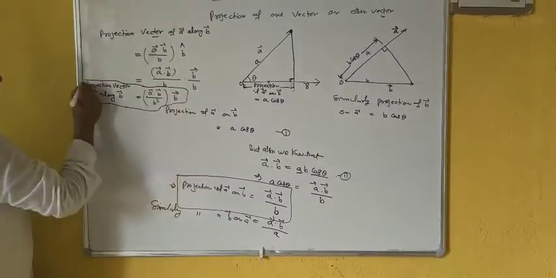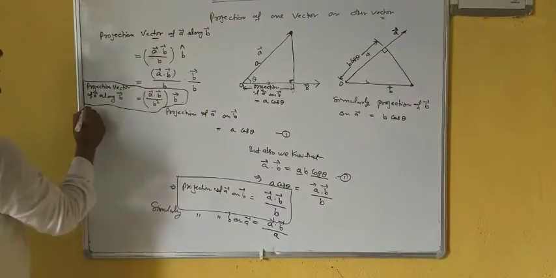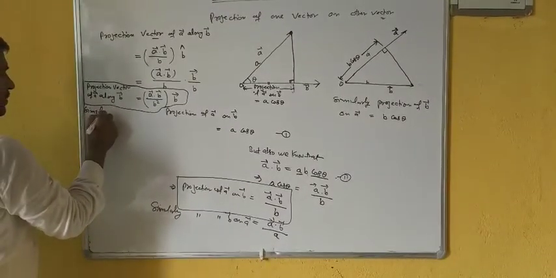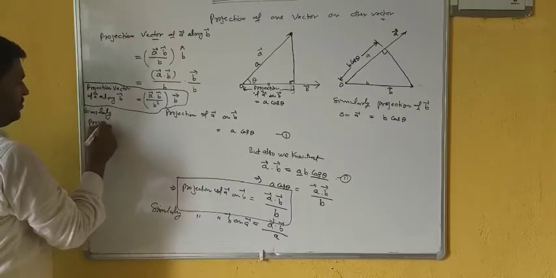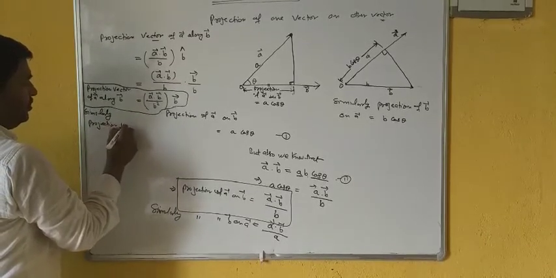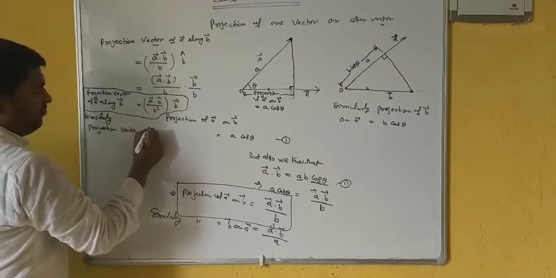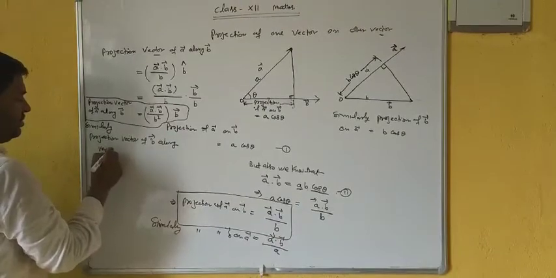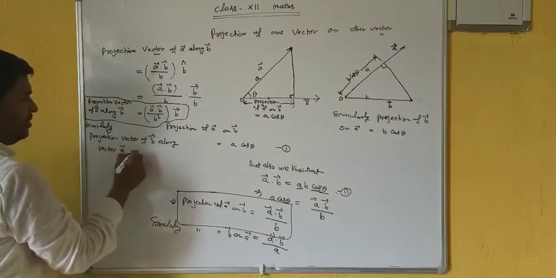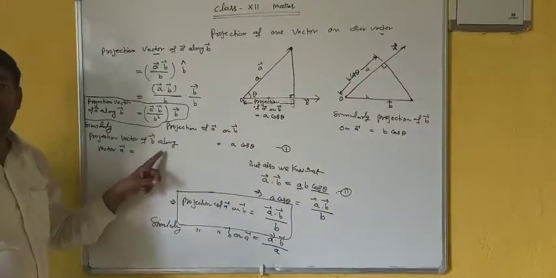Projection vector of A along vector B. Similarly, projection vector of vector B along vector A. So projection vector of B along vector A, how?